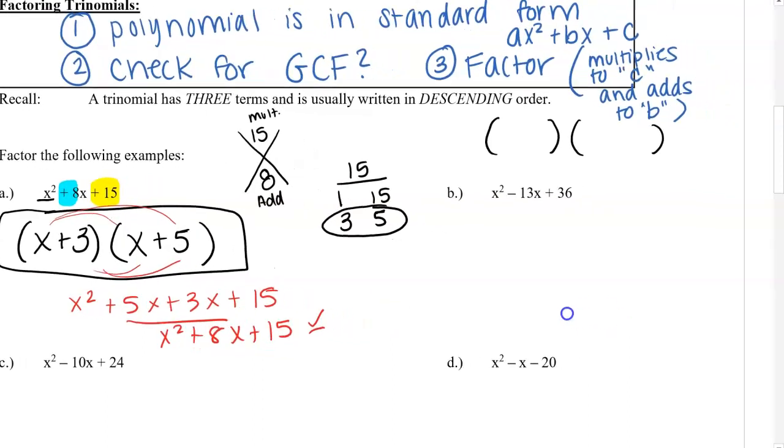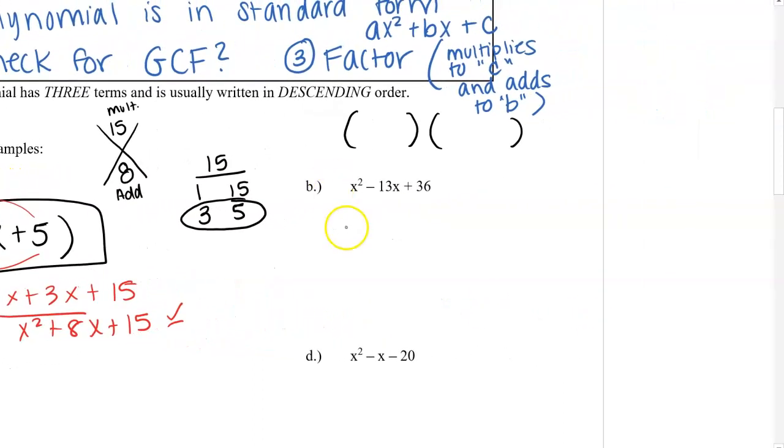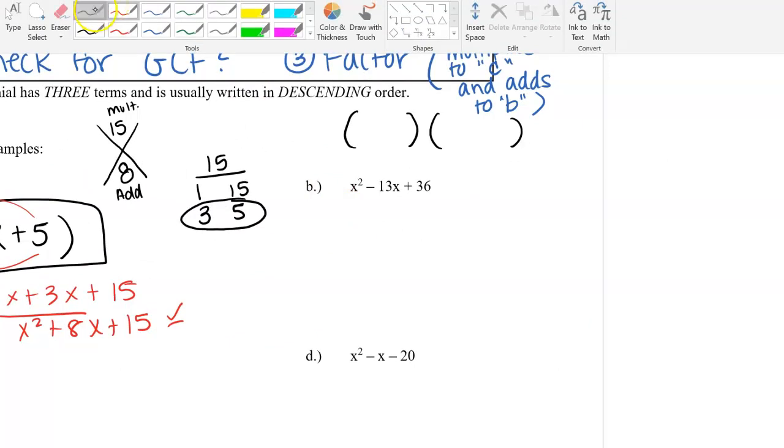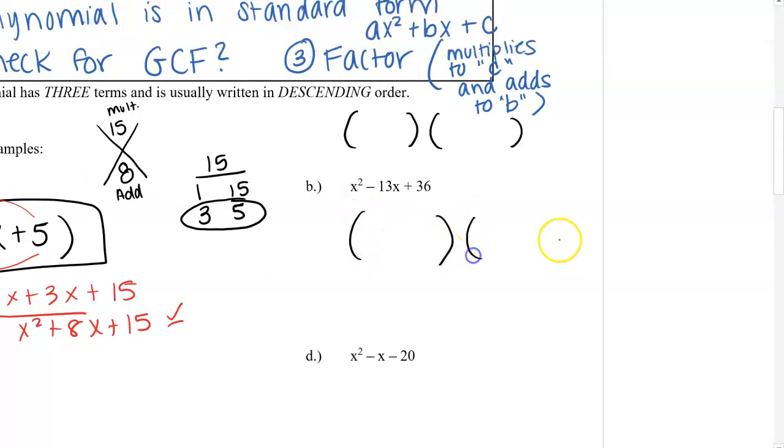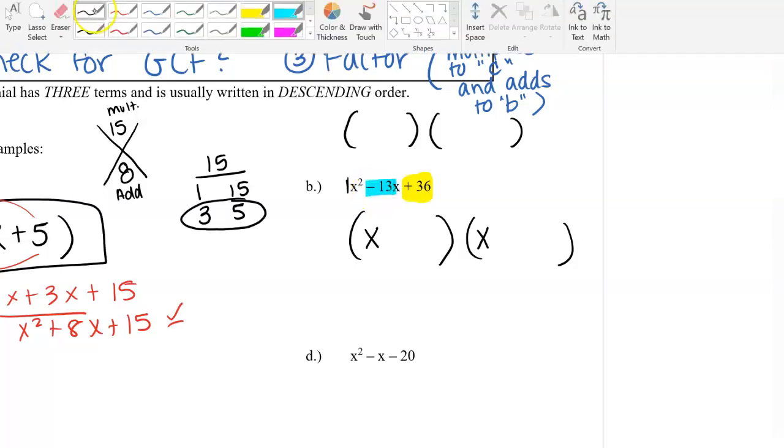Okay, in the next question, again, I set up my frame, which is my sets of parentheses. Because I have a 1x squared here, there's going to be an x and another x for your first terms in the parentheses. Then we're asking ourselves, what multiplies to 36 and adds to negative 13?